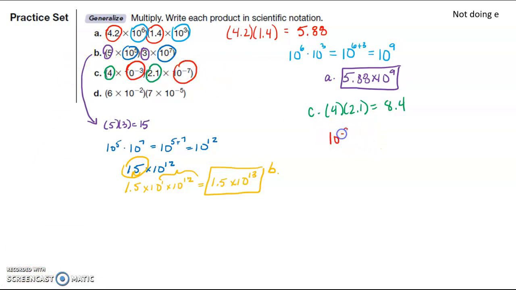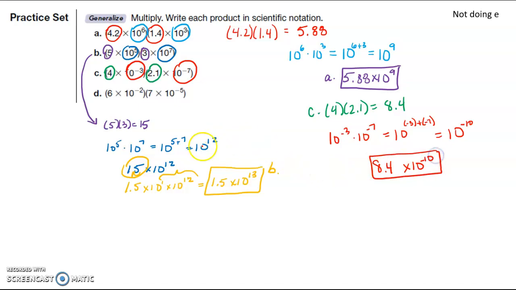So 10 to the negative 3 times 10 to the negative 7 is equal to 10 to the negative 3 plus negative 7, which is 10 to the negative 10. So my final answer is 8.4 times 10 to the negative 10. And that's in scientific notation.